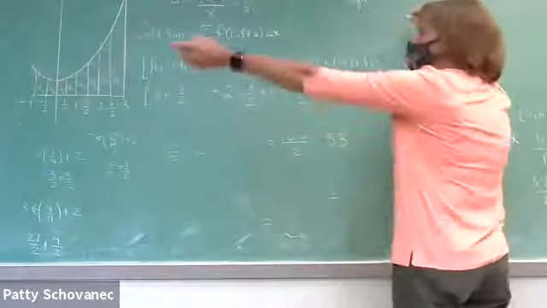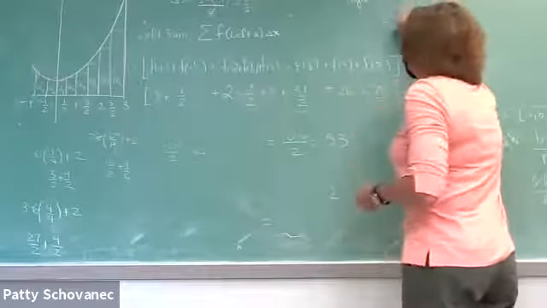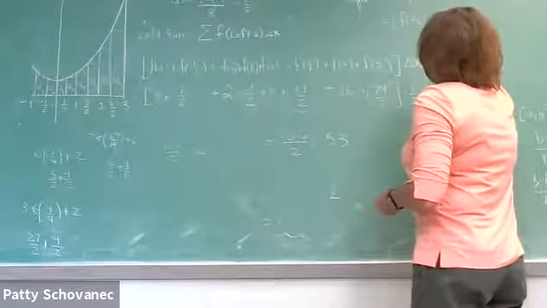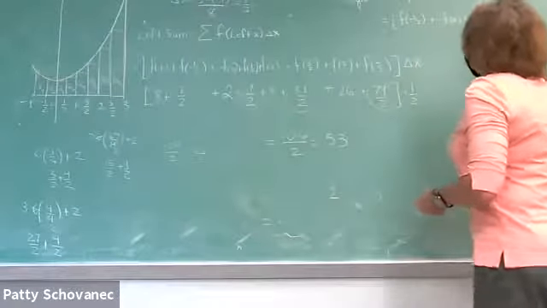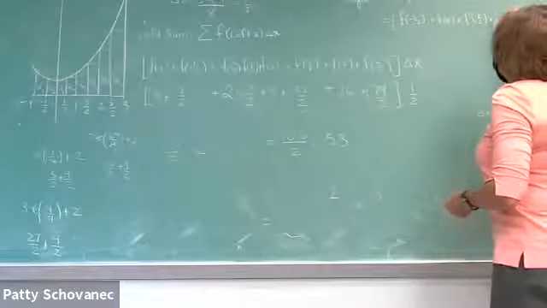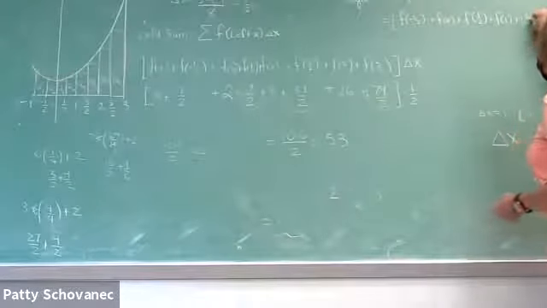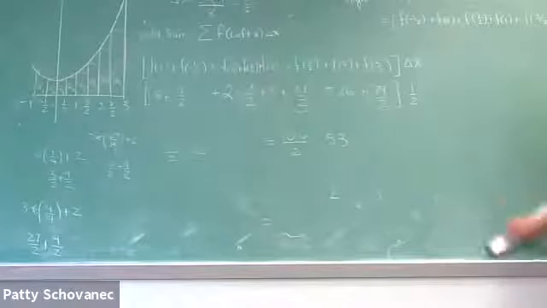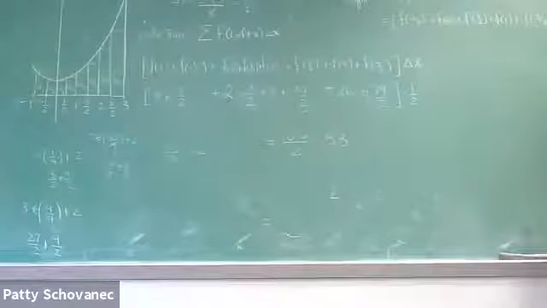So we scoot over one x value, and we'll have f of negative 1/2 plus f at 0 plus f at 1/2 plus f at 1 plus f at 3/2 plus f at 2 plus f at 5/2 plus f at 3, and then all of that multiplied by delta x.